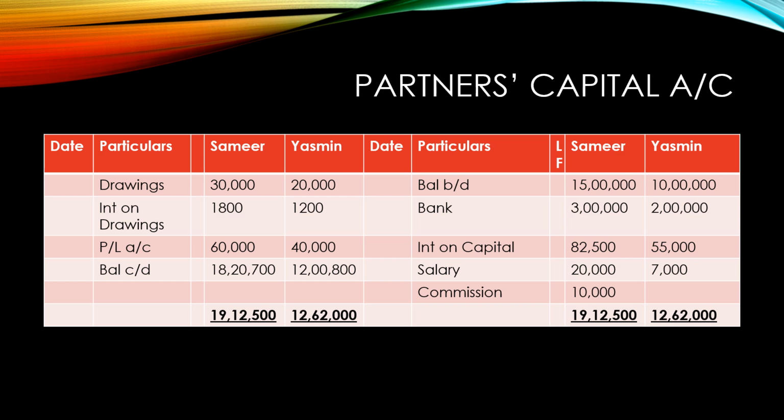We have written interest on capital, salary, commission on the credit side, then drawings, interest on drawings, PL account all on the debit side. Then as usual, the calculation of balance we do the same way. So the partners' capital account is bringing together both capital account and current account.